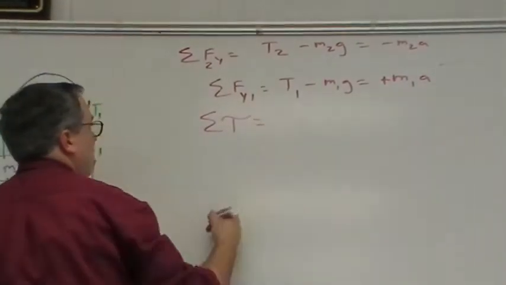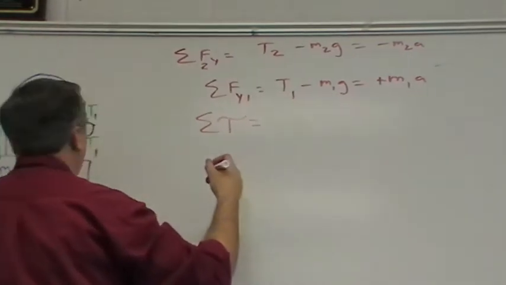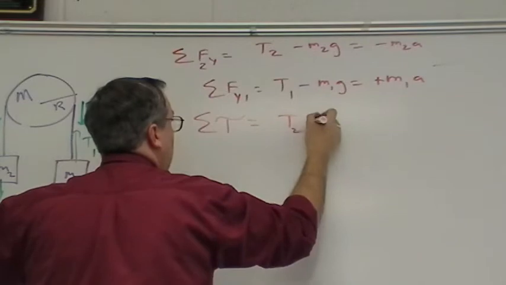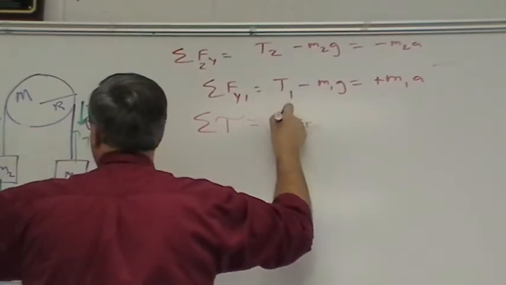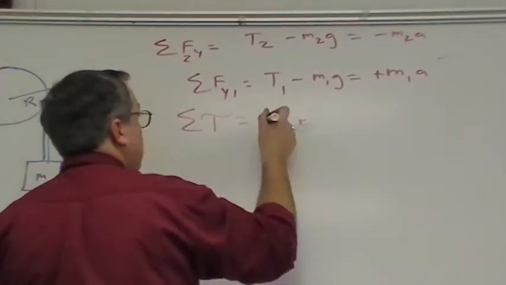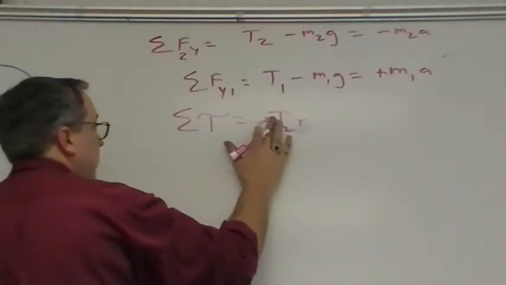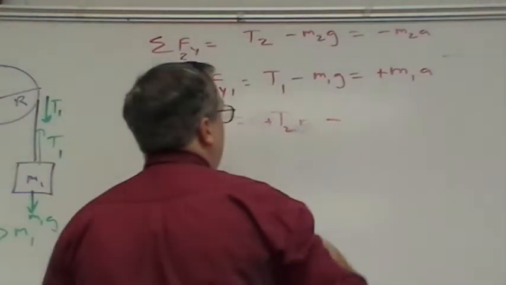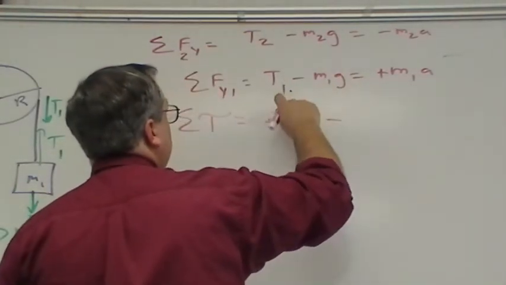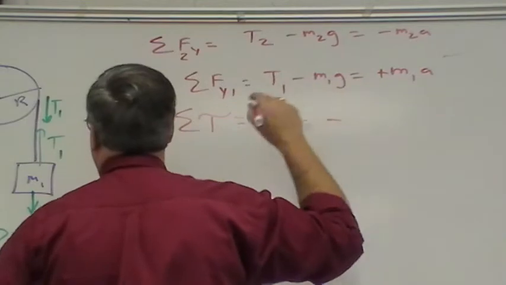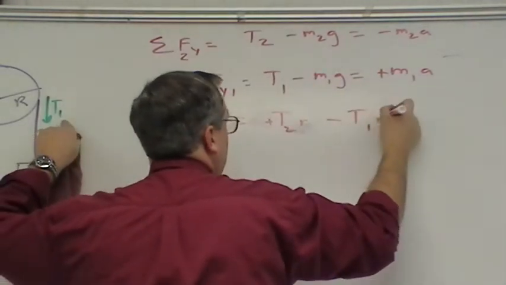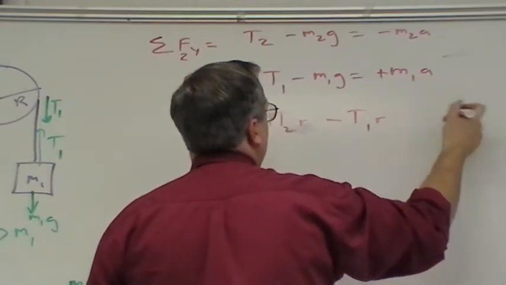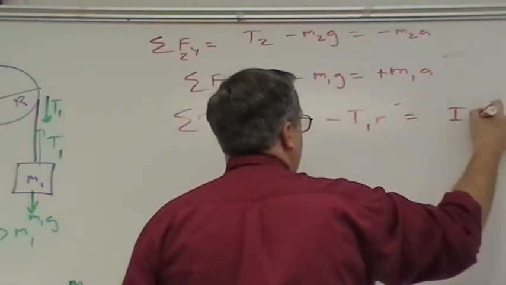Summing torques. The dominant torque would be T2 times R. It would make it go counterclockwise, so it would be positive. And then we have the other one, T1 times R. That would equal I alpha.